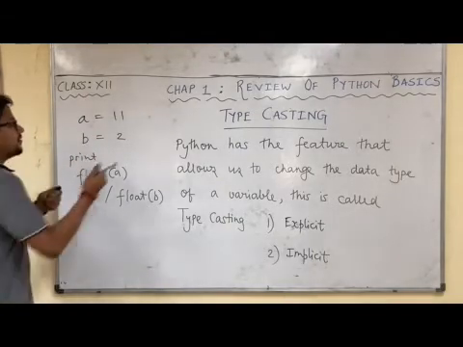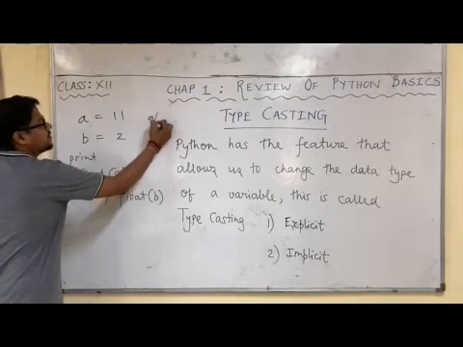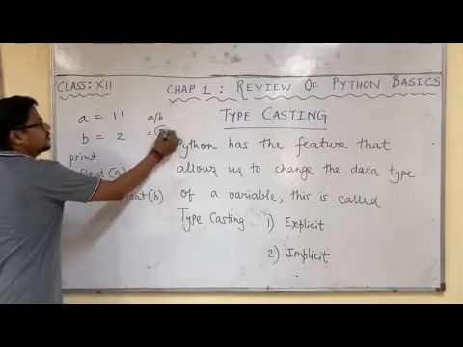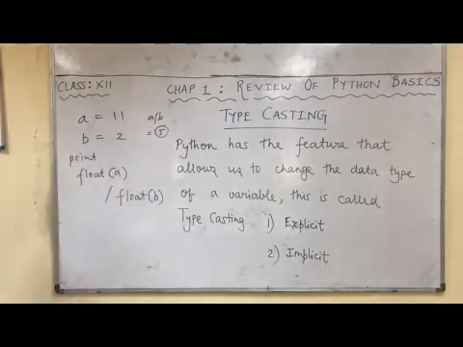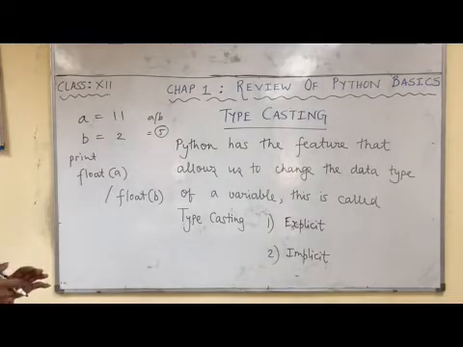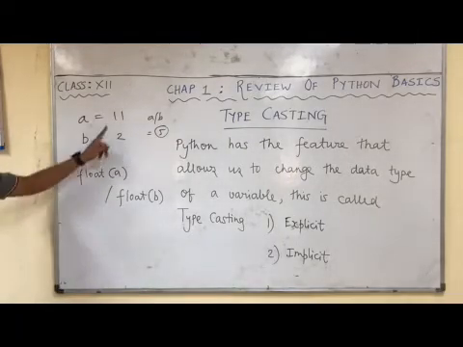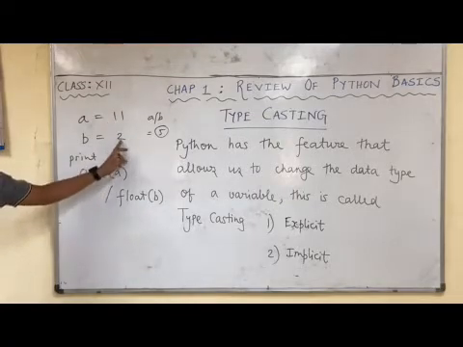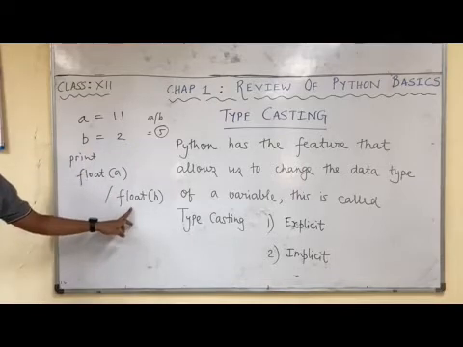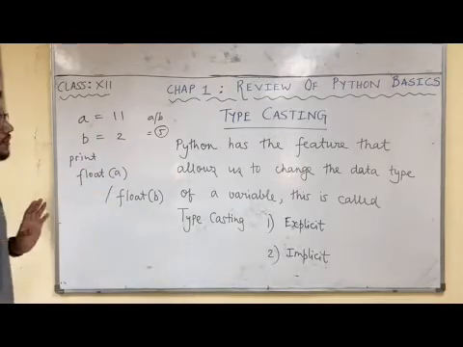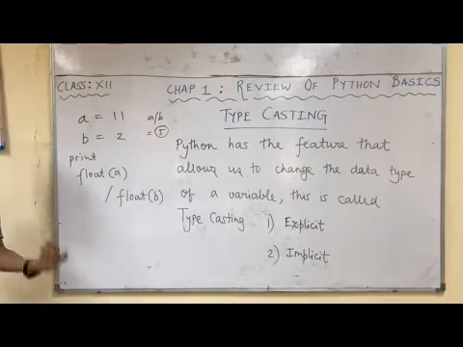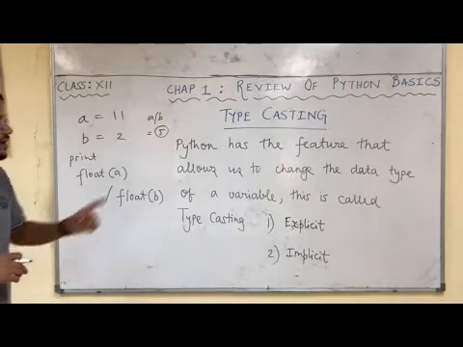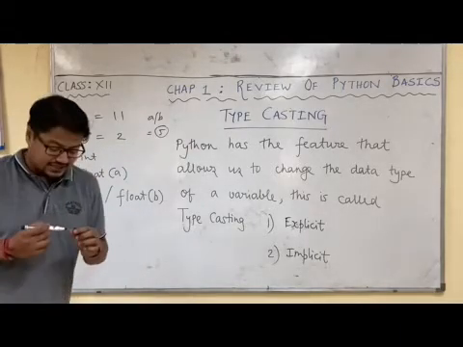Now what will happen if I directly say print A divided by B? We will get only 5, because it is of integer type, and as you know, integer type will ignore the decimal part. So what we are doing here is converting integer into float. Again we are converting integer into float. So this feature of Python, by which we can change the data type of any given variable, is called typecasting.